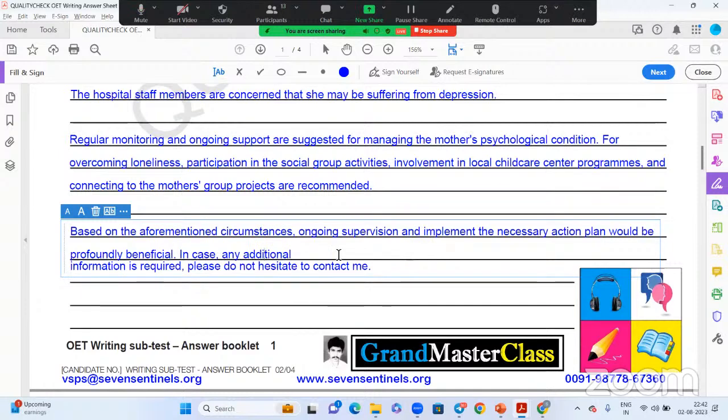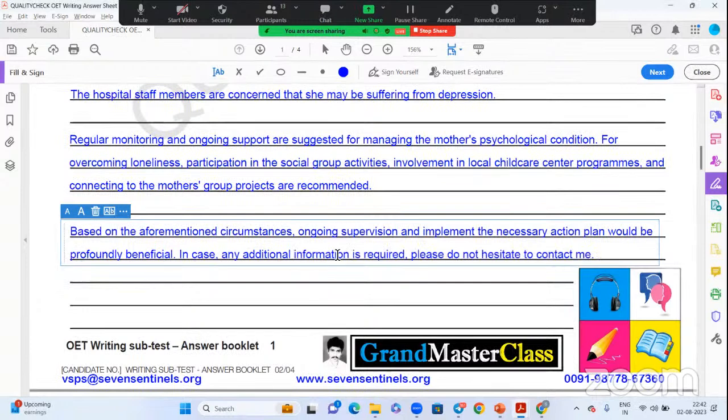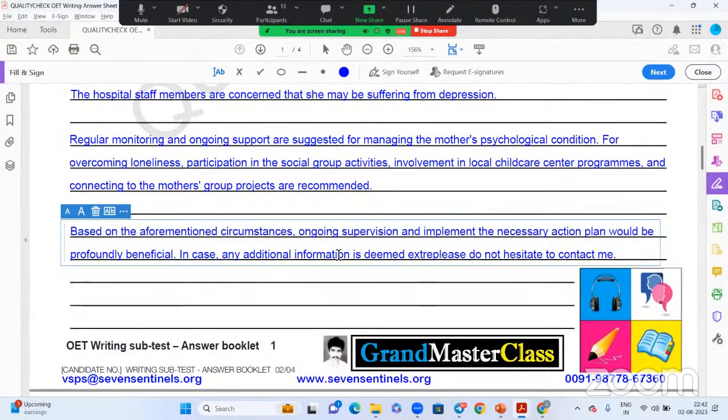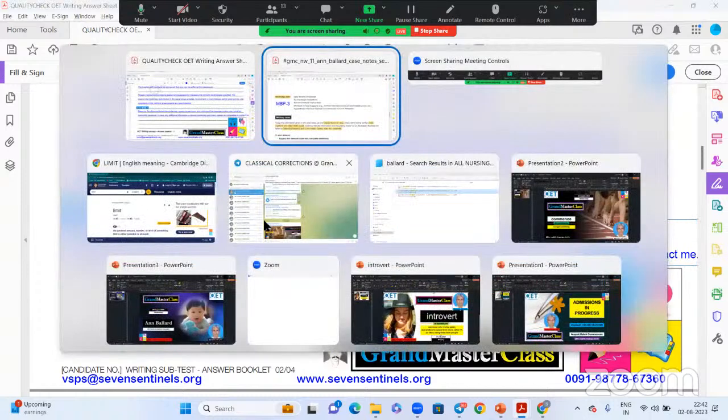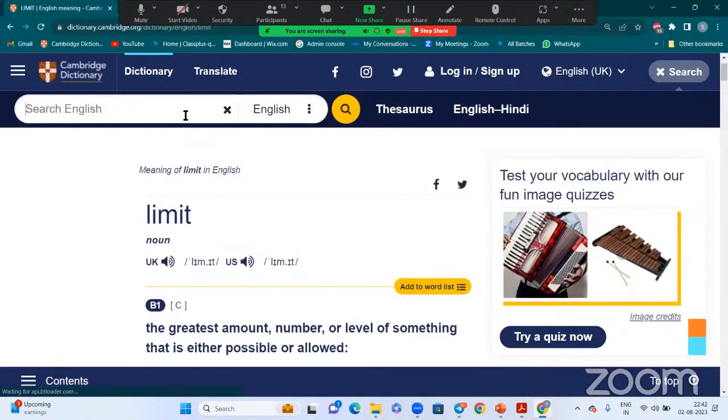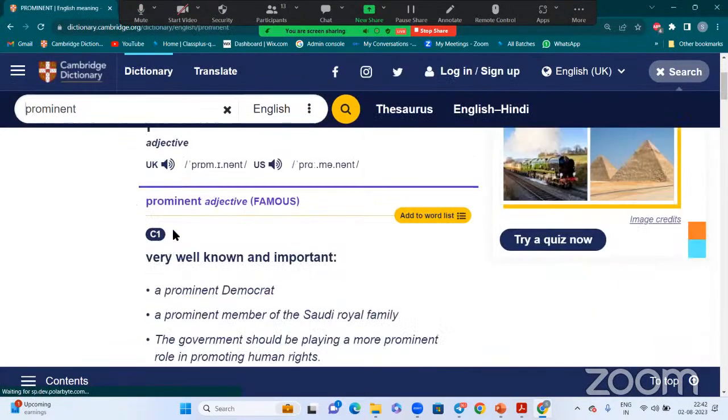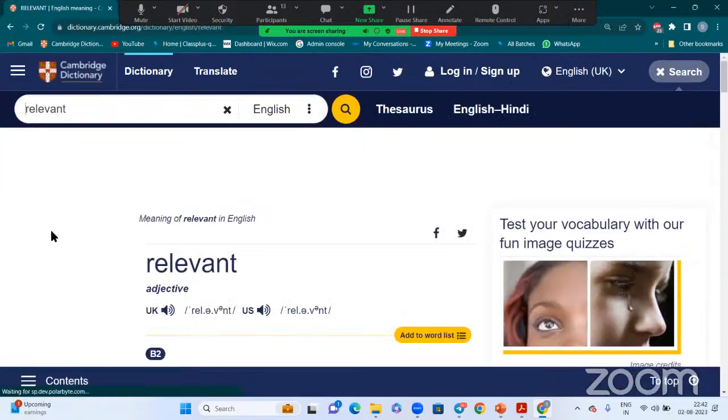In case any additional information is deemed extremely relevant, is deemed extremely prominent. Another important word I am giving, prominent, comma, prominent is a very special word. Prominent is a C1 vocabulary. Relevant is B2 vocabulary.